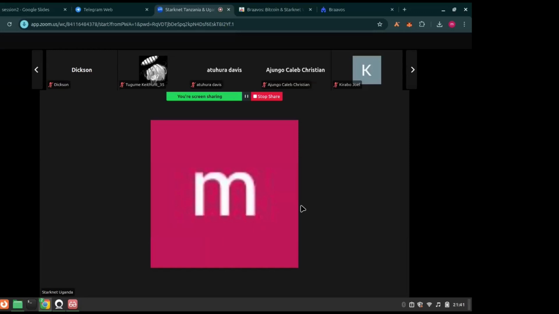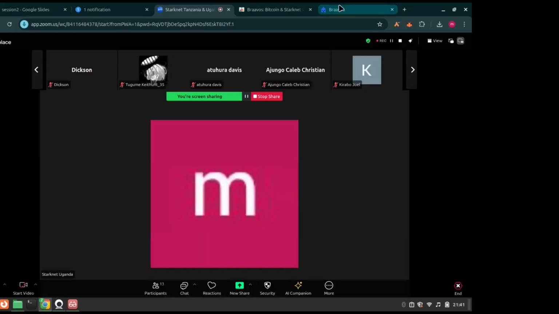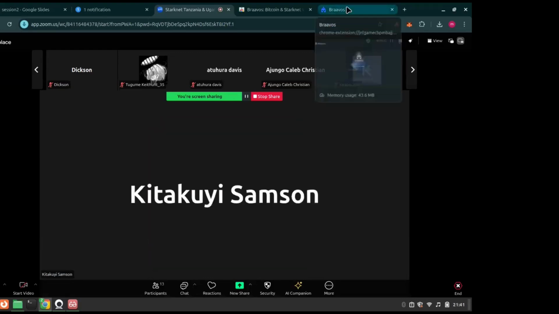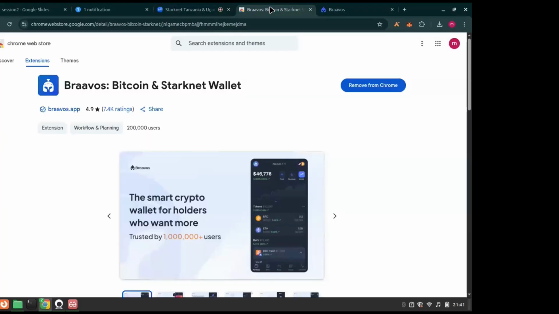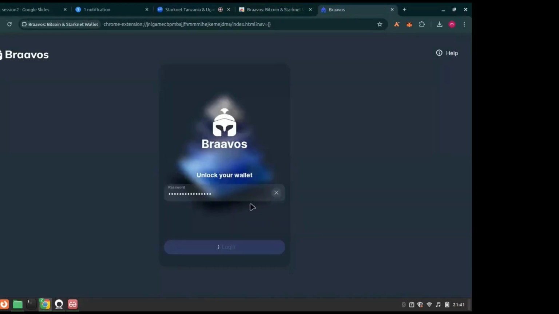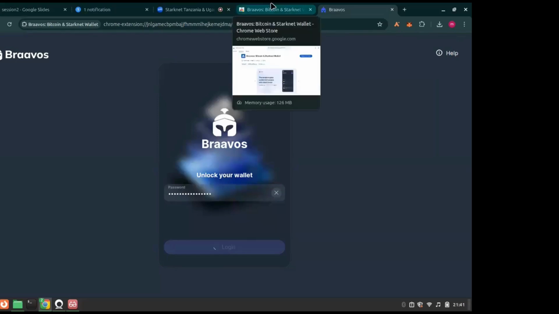Because when you are building a smart contract, you're using a laptop, so you need to have it on your laptop, on your Chrome. You only use it on the phone if you probably have money there and you want to transfer the money from the phone.